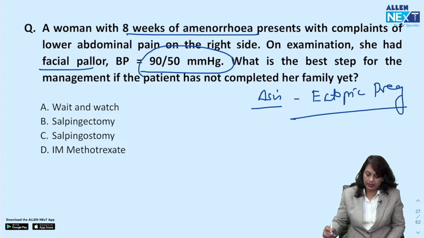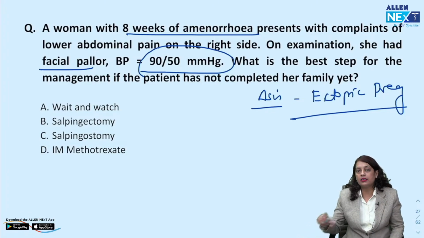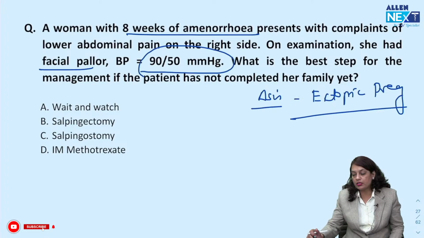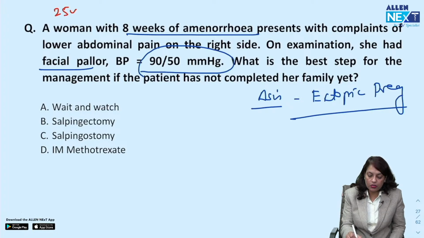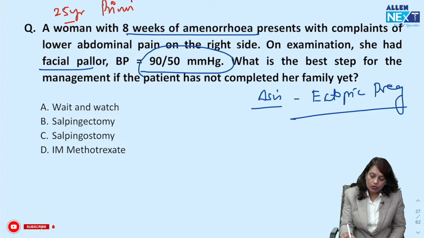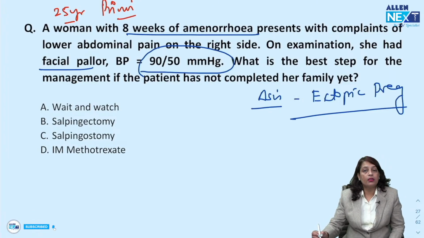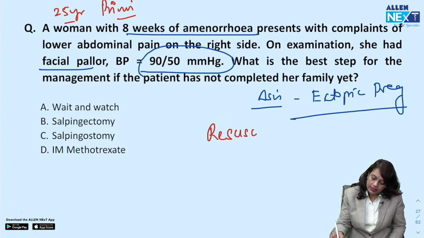Since she is in shock, there might be a rupture or it is in the process of rupturing. Since she is a young primigravida patient, you want to save the tube. So what has to be done? You have to do resuscitation first.